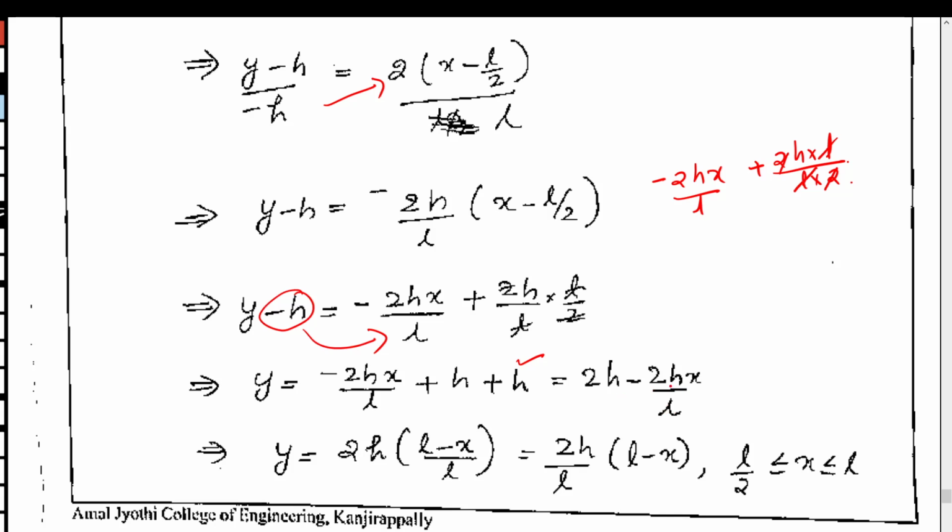If I take 2h/L outside, then the term can be simplified as y = (2h/L)(L − x) whenever x lies between L/2 and L.